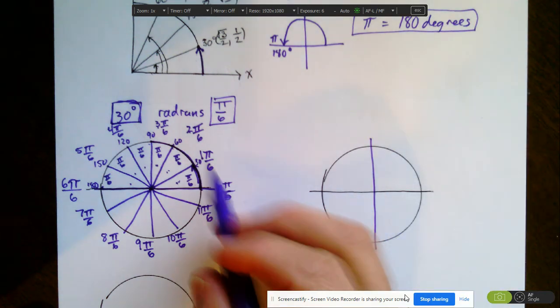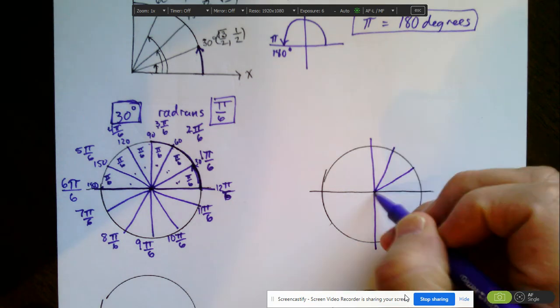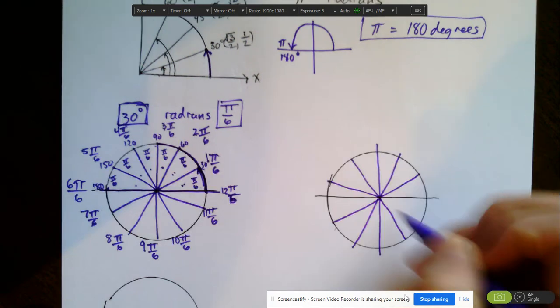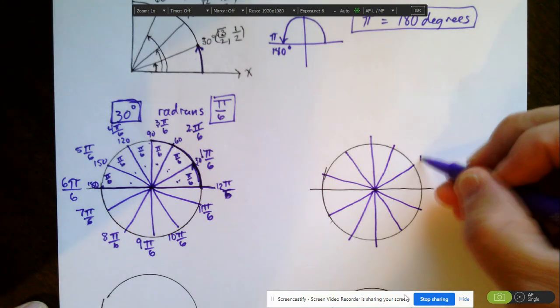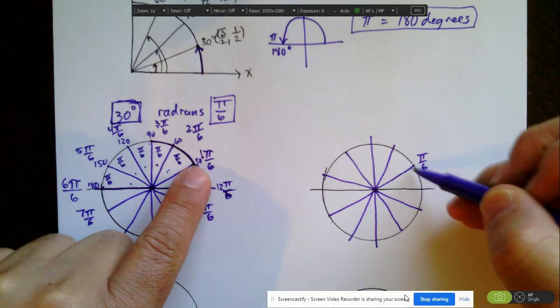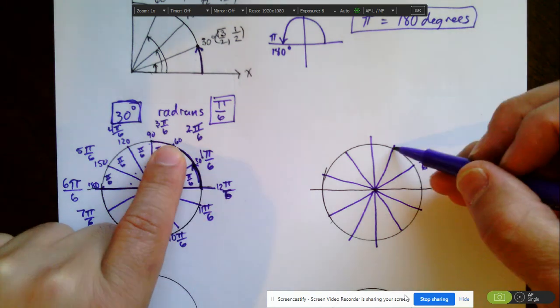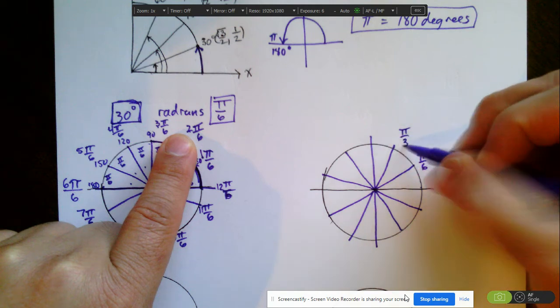If you look at all these fractions, we can simplify them. Okay, so the first one is just 1 pi over 6, which is pi over 6. That's this distance here. Now, if we go 2 slices over, it's going to be 2 pi over 6, and that's going to simplify to pi over 3.